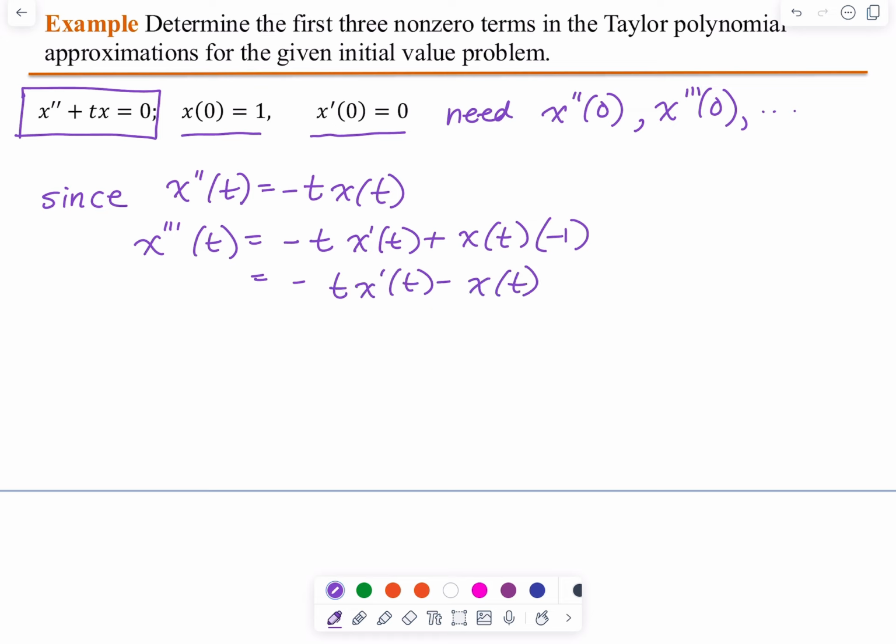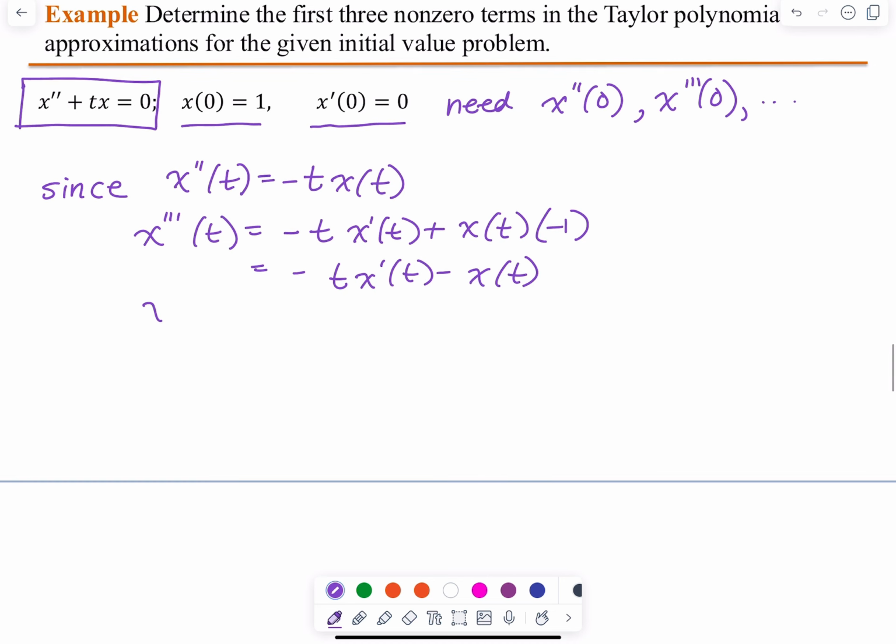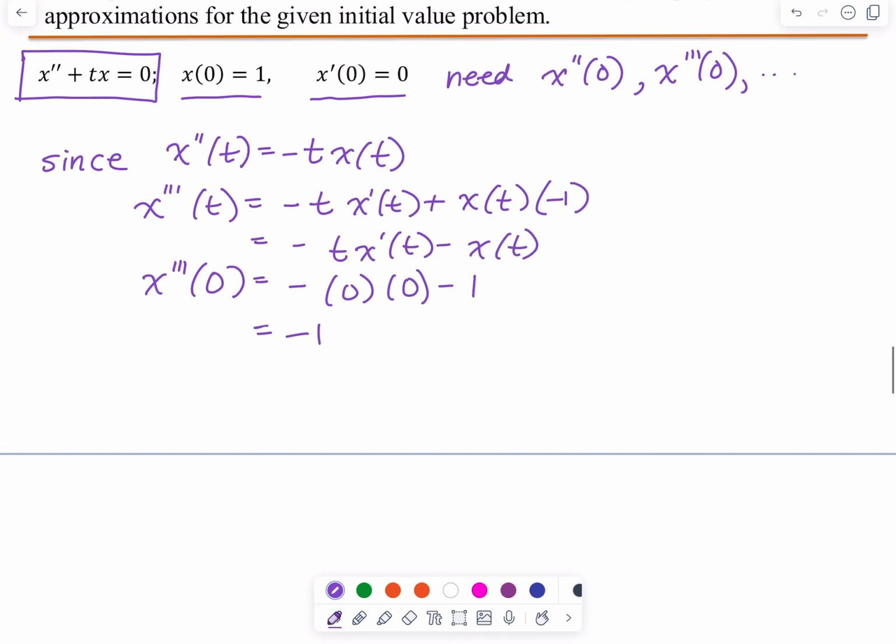And we can go ahead and just find x triple prime of 0, and that would be the opposite of 0 multiplied by 0 minus 1. And so we come up with a negative 1 for x triple prime of 0. So now let's just keep going.